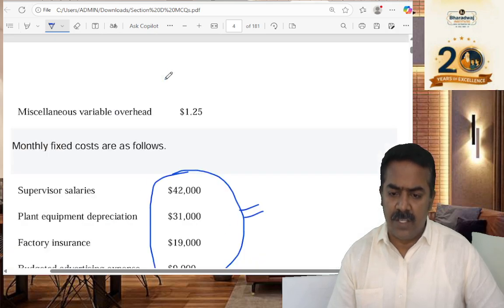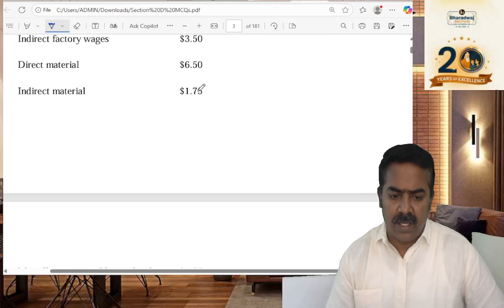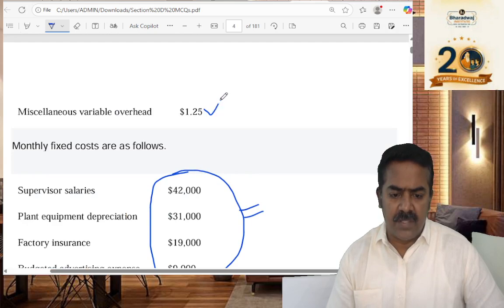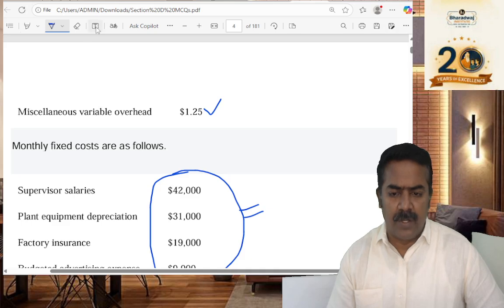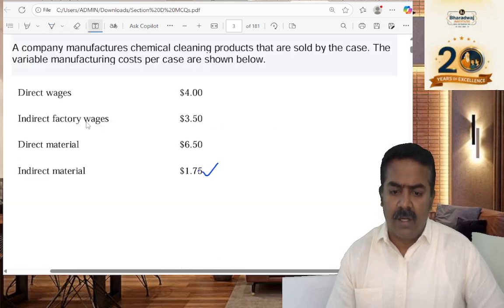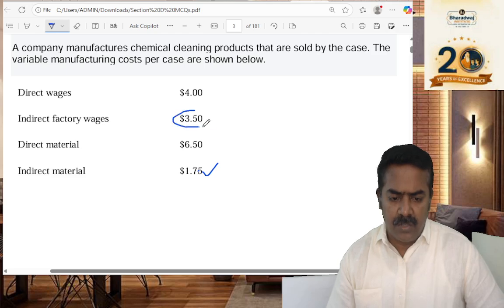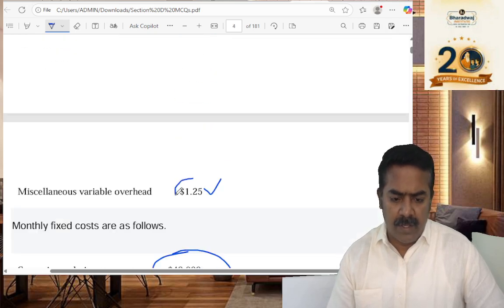Manufacturing overheads budget. What will be included in manufacturing overheads? Indirect material 1.75 plus miscellaneous variable overheads 1.25, and indirect factory wages also. So 3.5 plus 1.75 plus 1.25.